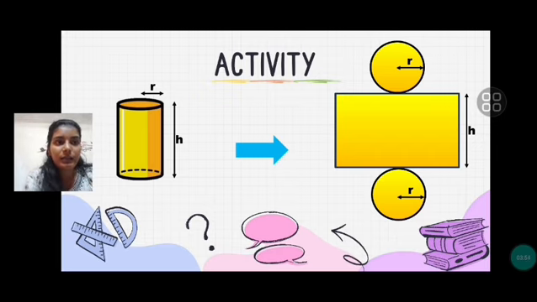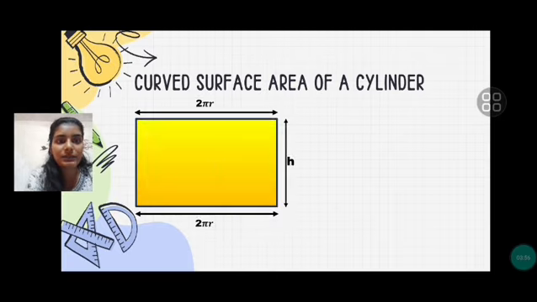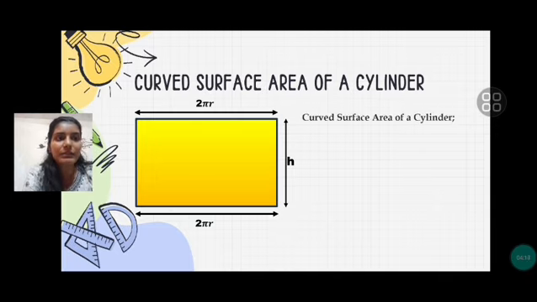So let's see how to find the curved surface area. For finding the curved surface area, we have to find the area of just the curved part of the cylinder. The curved part of the cylinder is in the shape of a rectangle and its breadth is the height and the length is the circumference of the circle, so it is 2 pi r. So we have length 2 pi r and the width is h. The curved surface area, also known as the CSA in short, is equal to the area of the rectangle.